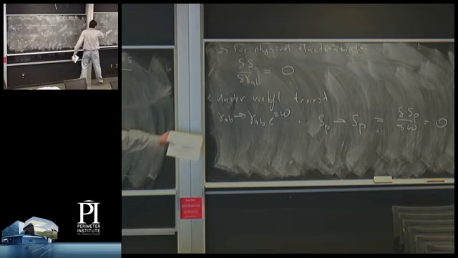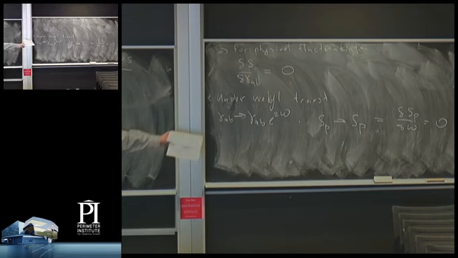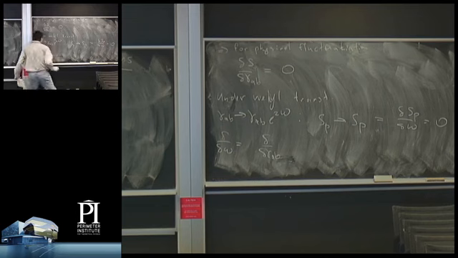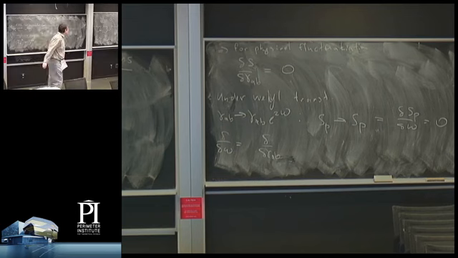Now, on the other side, you can see that the transformation acts only on the metric, and so the variation with respect to ω I can write down as the variation with respect to δγ^AB, right?